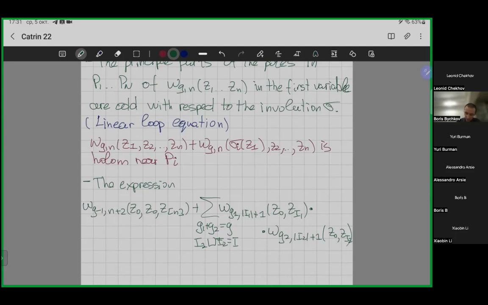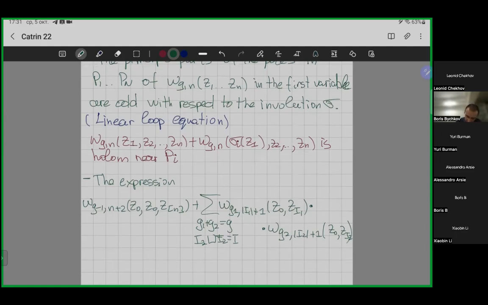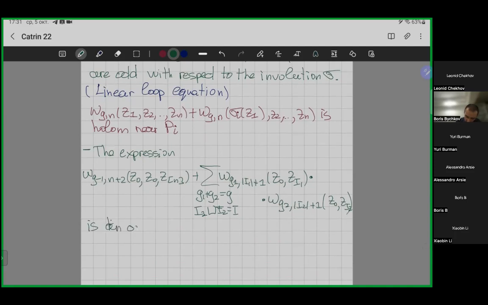So this expression is also an odd form in the first variable with respect to the involution sigma.